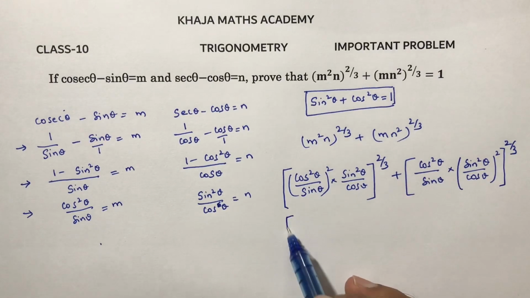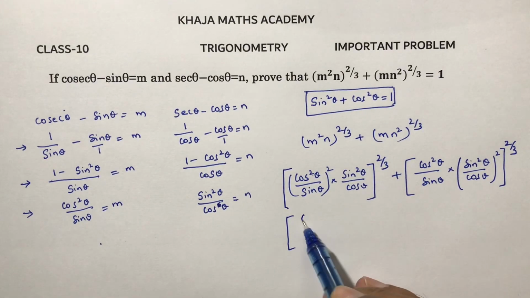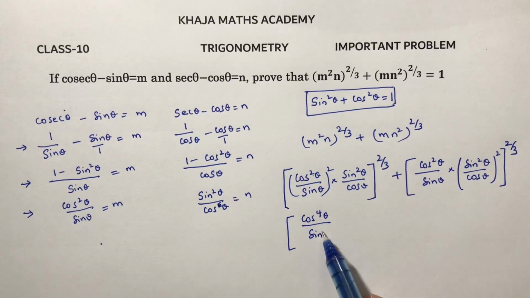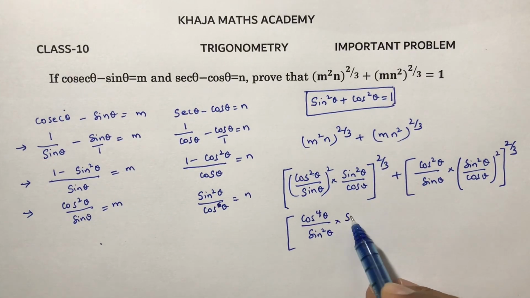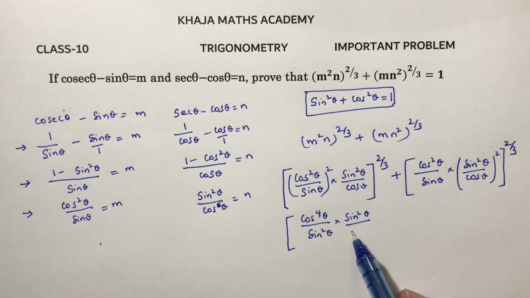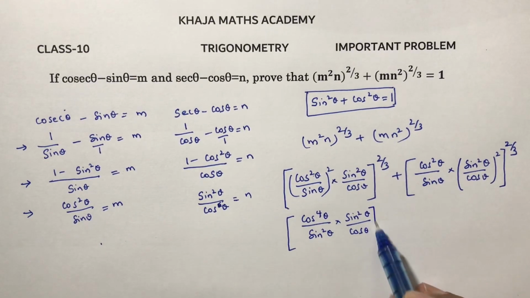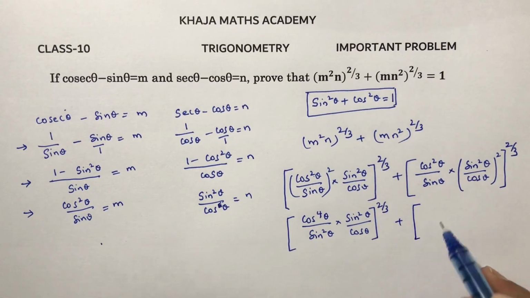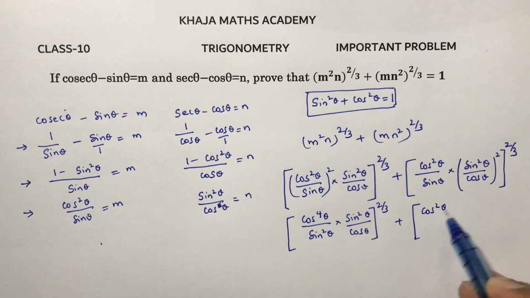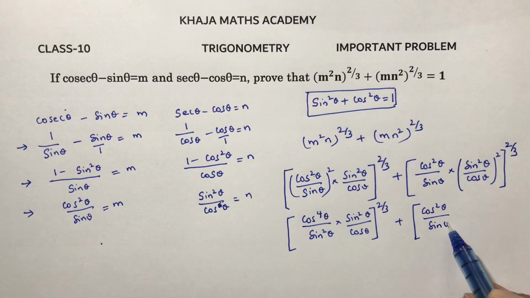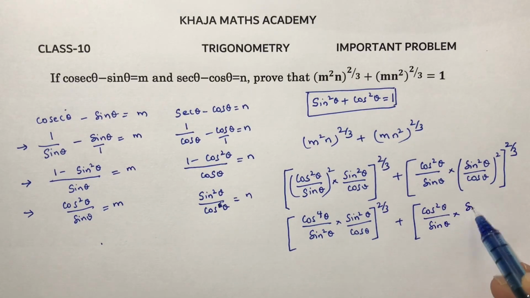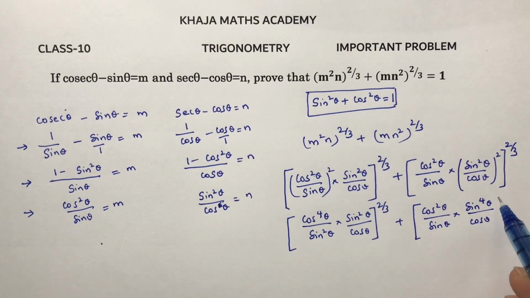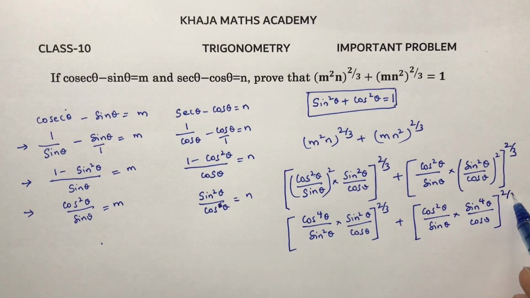Now here if you see cos square whole square, you will get cos power 4 theta by sin square theta into sin square theta by cos theta whole power 2 by 3, plus here cos square theta by sin theta into here you'll get sin power 4 theta by cos square theta whole power 2 by 3.